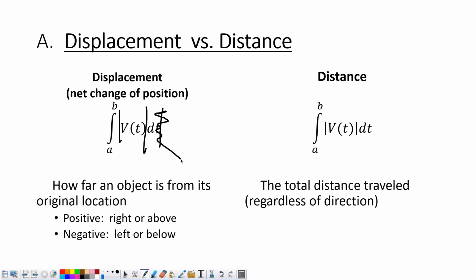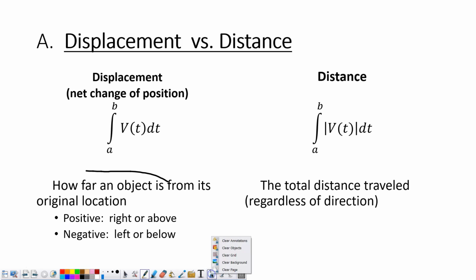Okay? So that's the difference between distance and displacement. If you integrate your velocity over an interval, that's going to tell you how far apart your ending point is from your starting point. If you integrate the absolute value of velocity, it doesn't tell you where you land, but it will tell you how far you traveled. Okay? So, that's distance and displacement.